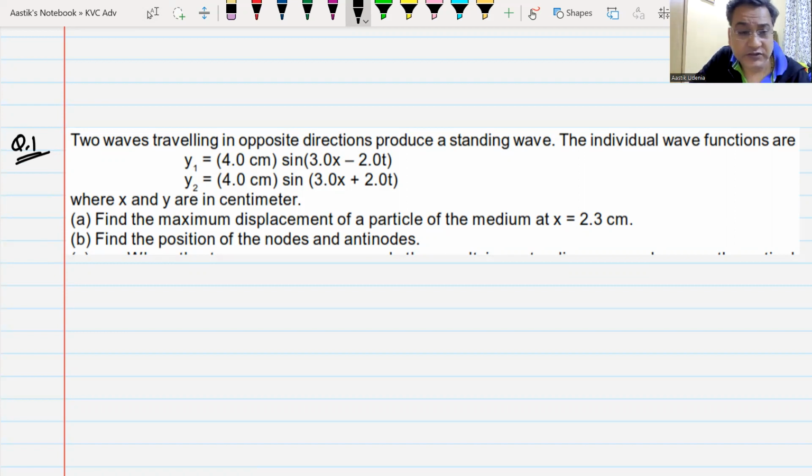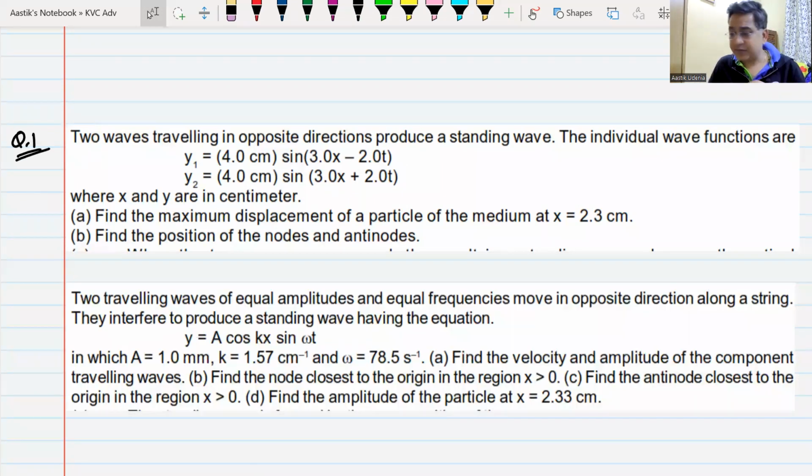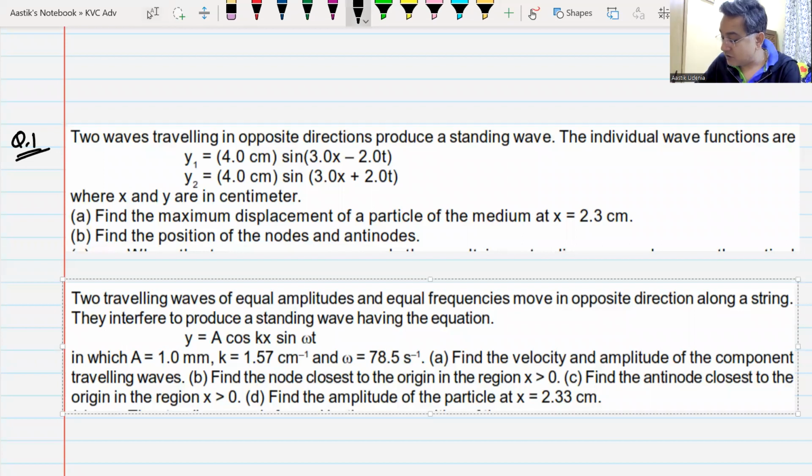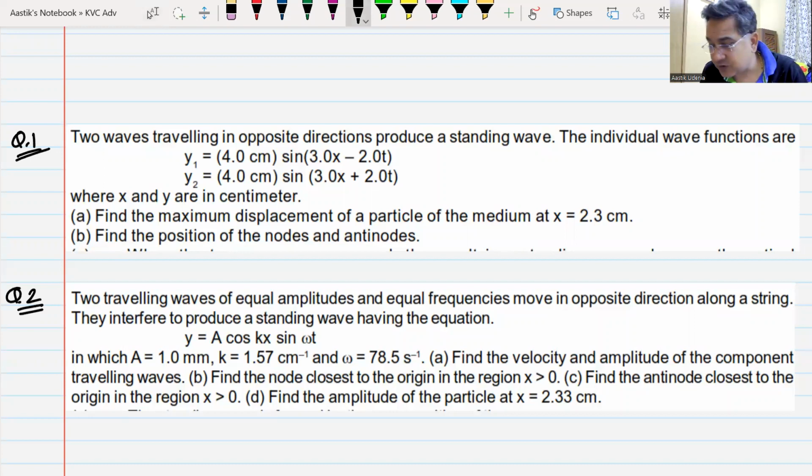Remember, this is not a question of physics anymore. This is a simple, pure question of mathematics. You just have to convert sum of trigonometric functions into product and product of trigonometric functions into sum. So these are the 2 questions that we would be discussing in the next class.